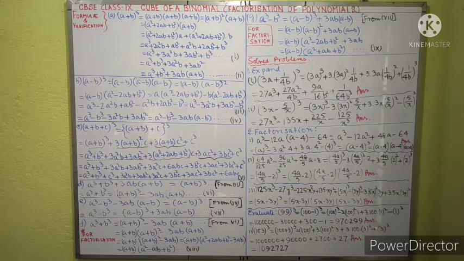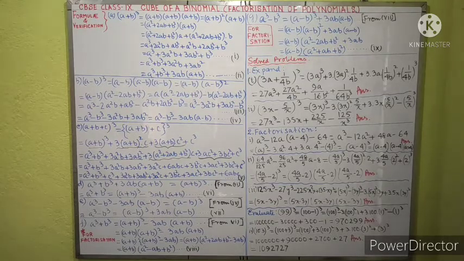Number 2: 64 by 125 a cube minus 96 by 25 a square plus 48 by 5 a minus 8. The first one is (4a by 5) whole cube, because 64 equals 4 cube and 125 equals 5 cube. And 96 by 25 a square is broken down this way: 3 into (4a by 5) whole square into 2.